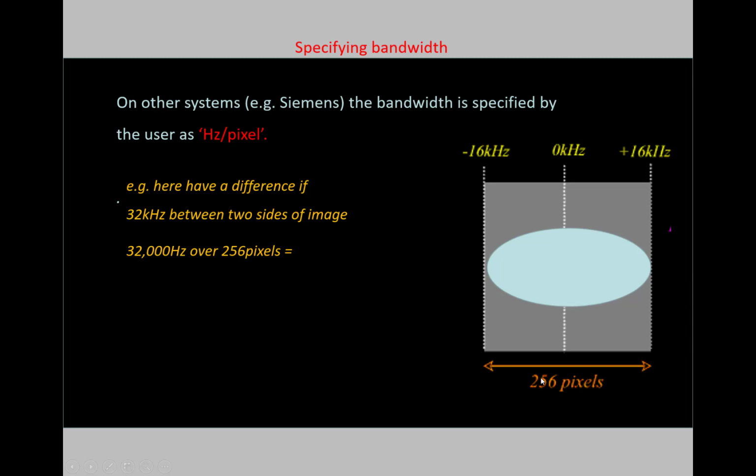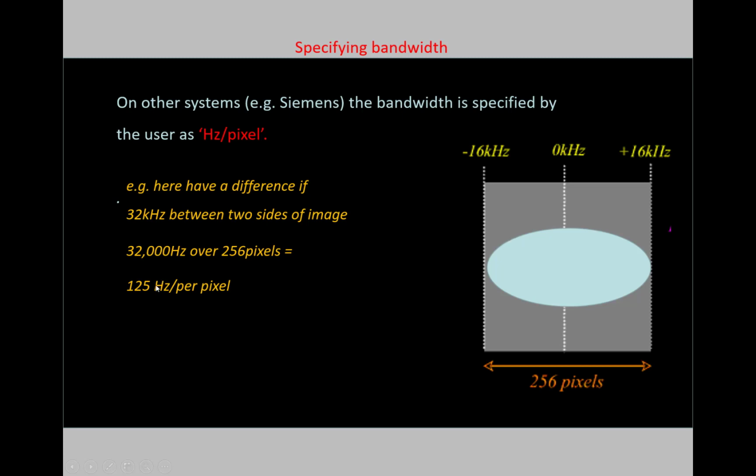Okay, and we've set our image up to have 256 pixels in the frequency encoding direction. That means that the 32 kilohertz is going to be distributed across 256 pixels. So the difference as you move from pixel to pixel in Larmor frequency is going to be 125 hertz per pixel.